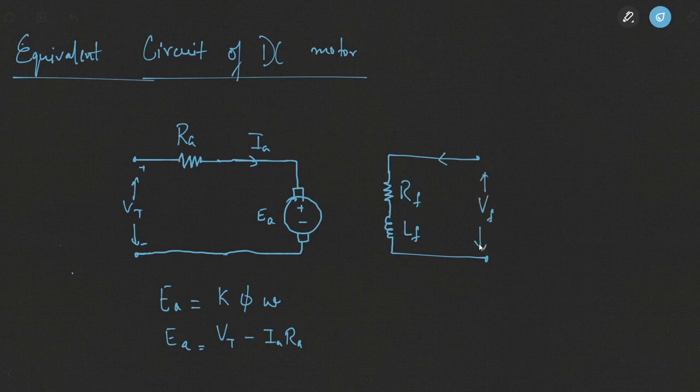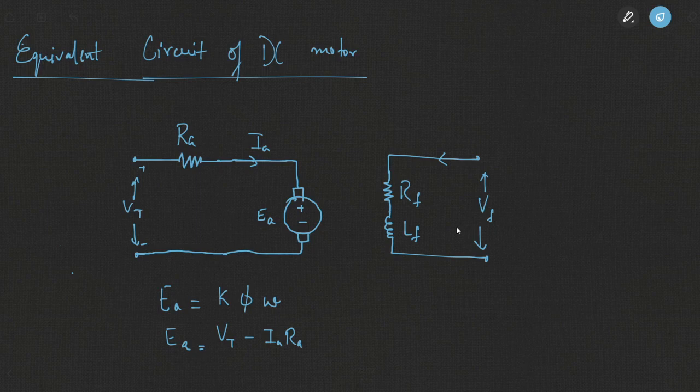RF represents the internal resistance of the field windings of the DC motor, and LF is the inductive part.